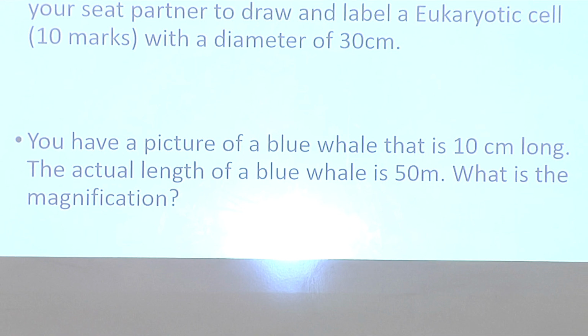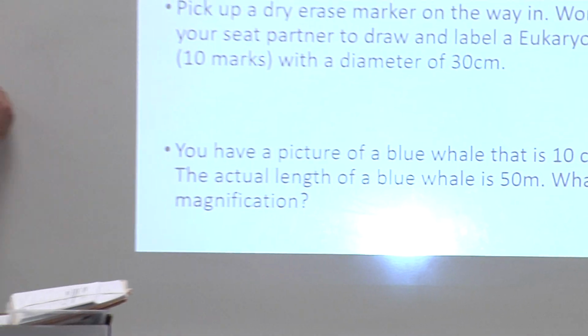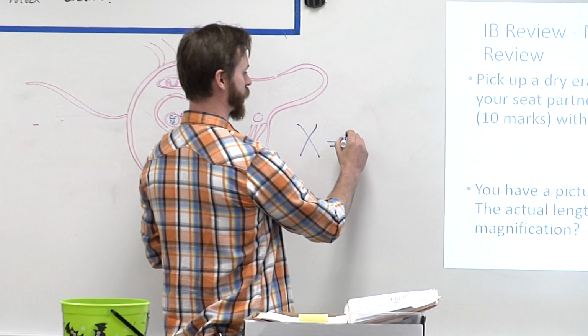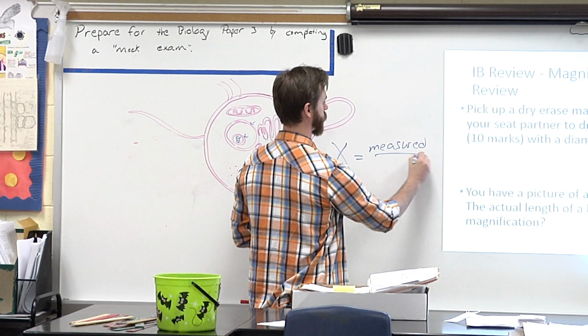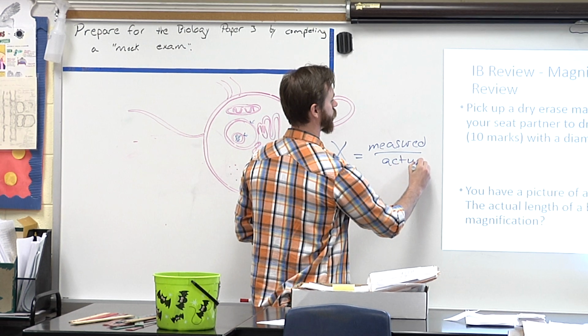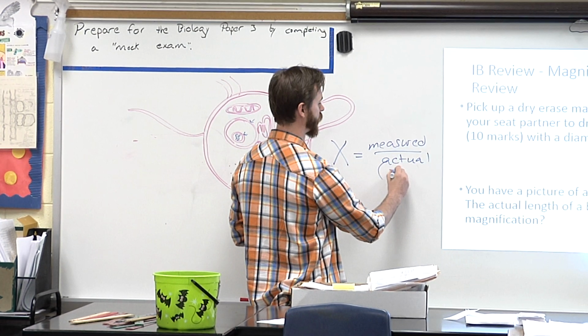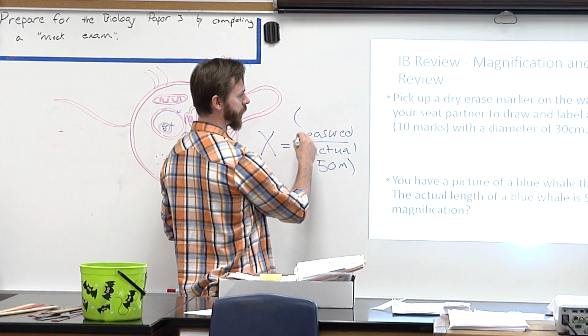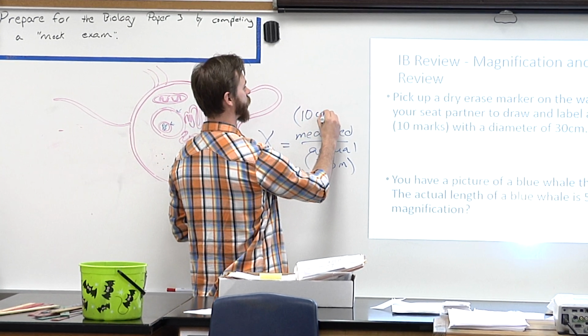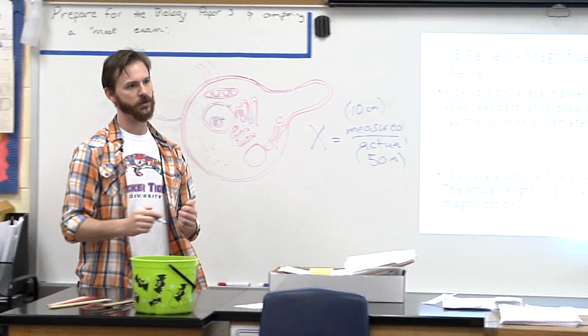So remember, magnification was measured over actual, right? So if actual is 50 meters and the measured is 10 centimeters, what's our first step? Right, convert the units to make them the same.